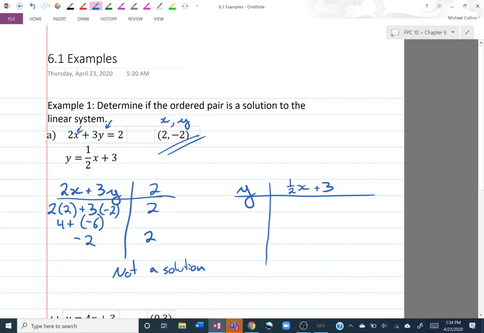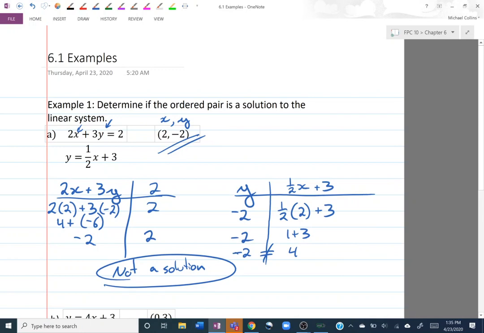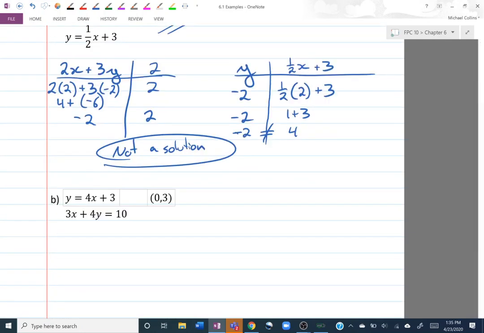So my y is going to be negative 2, and on the right-hand side, x is going to be 2. 1/2 times 2 is 1, plus 3 is 4. Negative 2 is on the left-hand side. Notice how negative 2 also does not equal 4. So 2, negative 2 is not a solution to either one of those equations. Let's take a look at this second one.